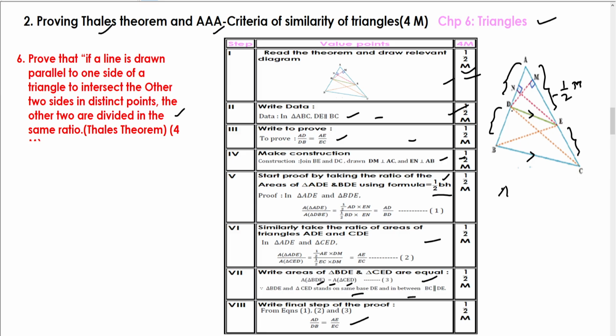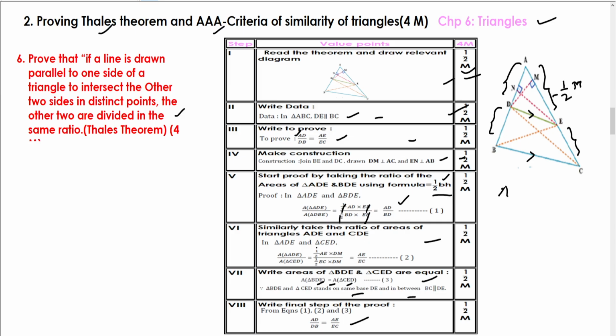For the other triangle BDE, when BD is produced, EN will be the altitude. Therefore, you can write 1/2 base BD and altitude again EN. Observe that 1/2 is common and EN is common, they get cancelled. You will get the ratio AD upon BD, which is required for us on the left hand side.